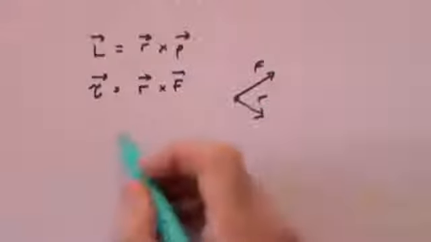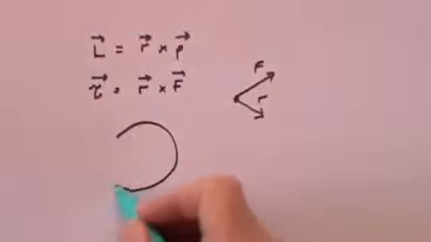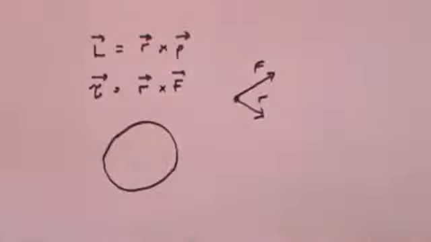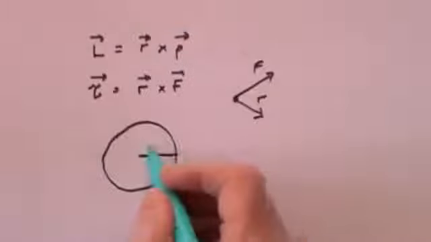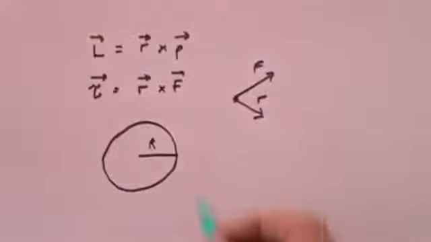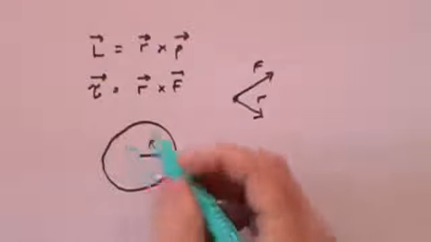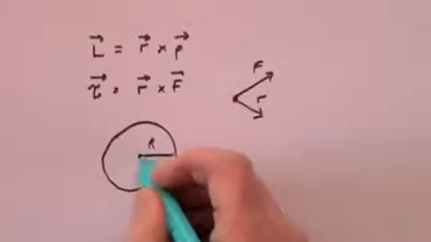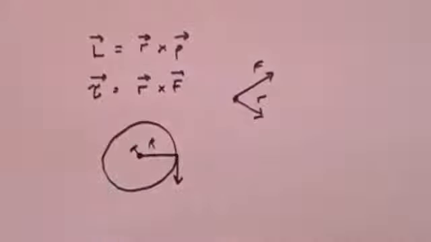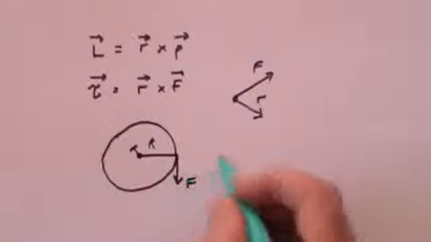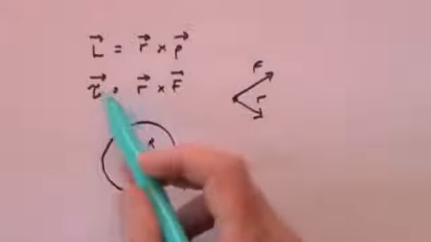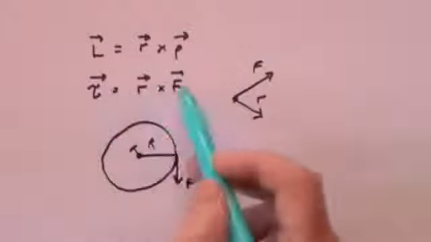So if we apply that principle to a disc, here is a disc, and it is of radius capital R, and I apply a force this way, so I'm going to spin this disc around this point here, that's the pivot point. Put a little pin in it, there's the pivot point. I spin it clockwise, and I do it by giving it a force F. Then this formula will tell you what the torque will be.